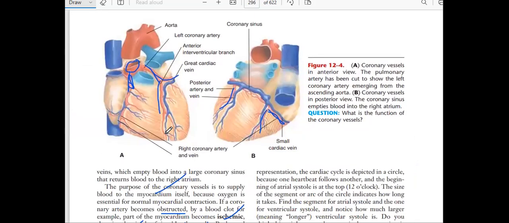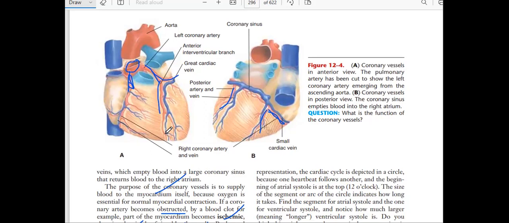Basically, the coronary artery is the artery from which the heart itself receives blood. We have coronary veins also. The deoxygenated blood will go to the right atrium, from there to the right ventricle, to the lungs, from the lungs to the left atrium, to the left ventricle, and from the left ventricle to the aorta, and from the aorta to all parts of the body.